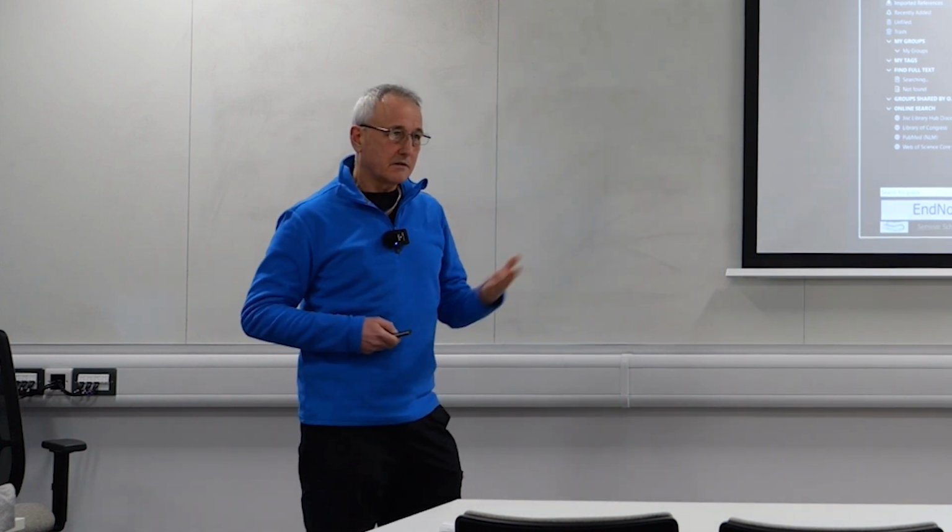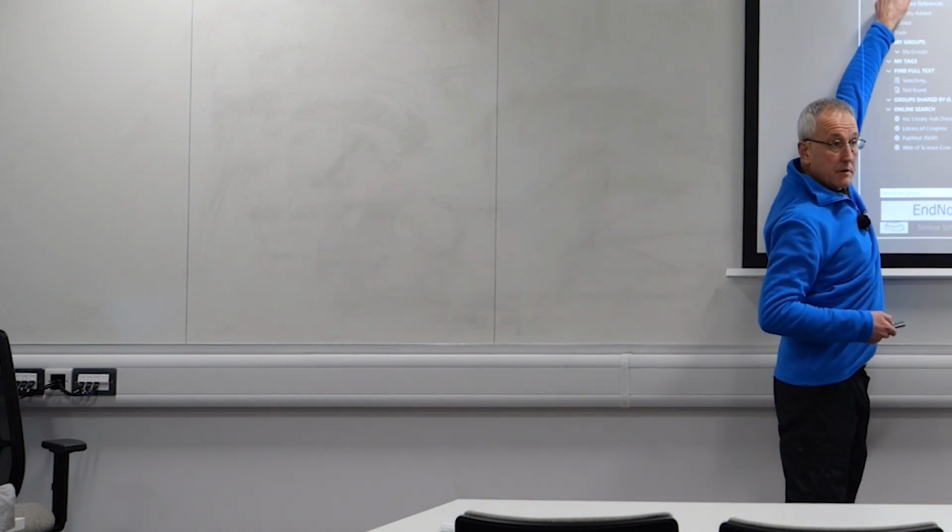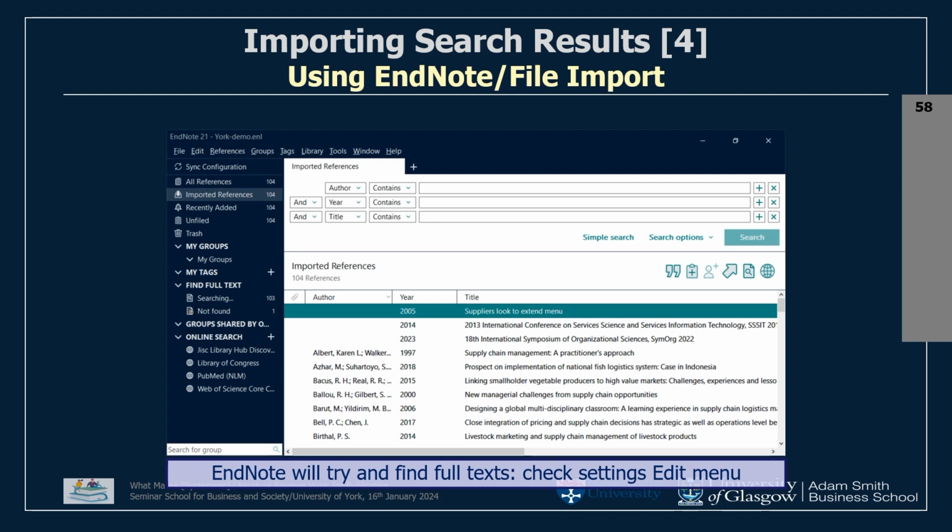It might find about 20% of the articles automatically, but that's still saving you quite a bit of time. Still worth doing. You can also, on the edit menu, set it up so that it automatically does the full text search whenever you do an import.